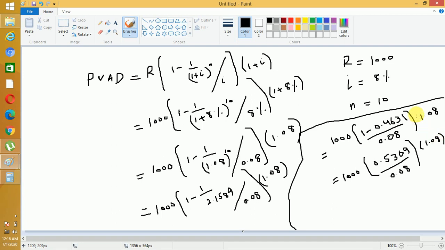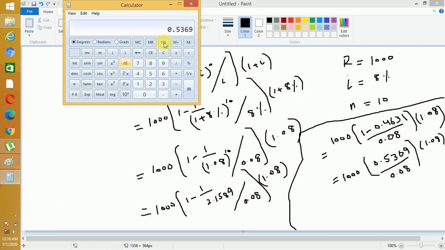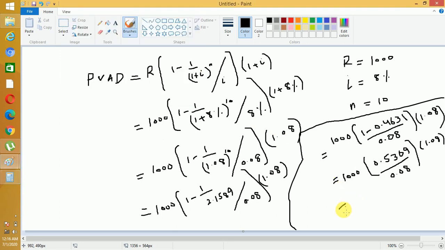Now first calculate this: 0.5369 divided by 0.08. So we got 6.71125.